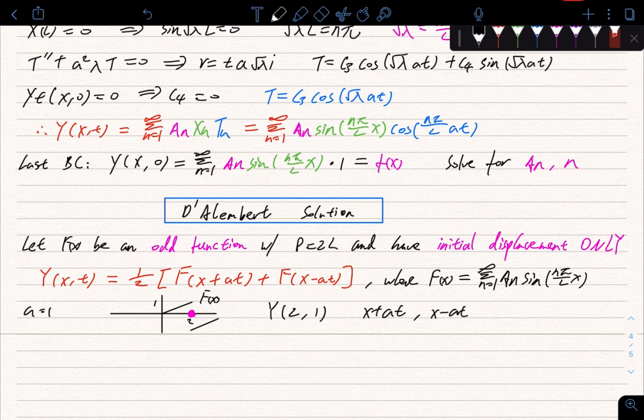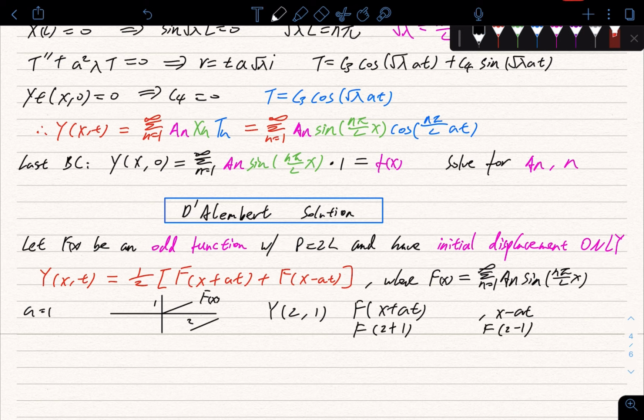So then my f of x plus at, sorry, my bad. x plus at, so that is f of 2 plus 1, and then this is f of 2 minus 1.